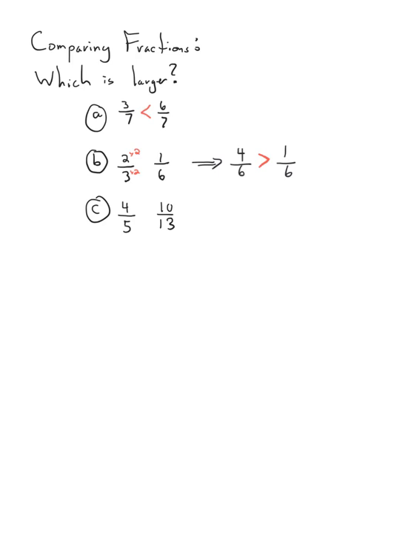Just multiply top and bottom of one fraction by the other denominator. So I'm going to multiply top and bottom of my left fraction by 13 and top and bottom of my right fraction by 5. That will give me a denominator of 5 times 13 for both of these.